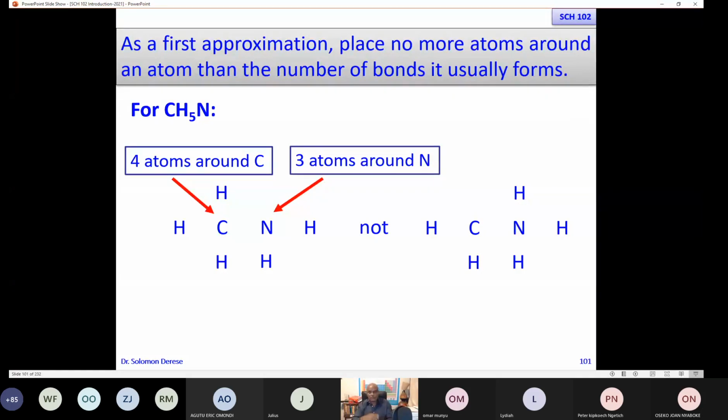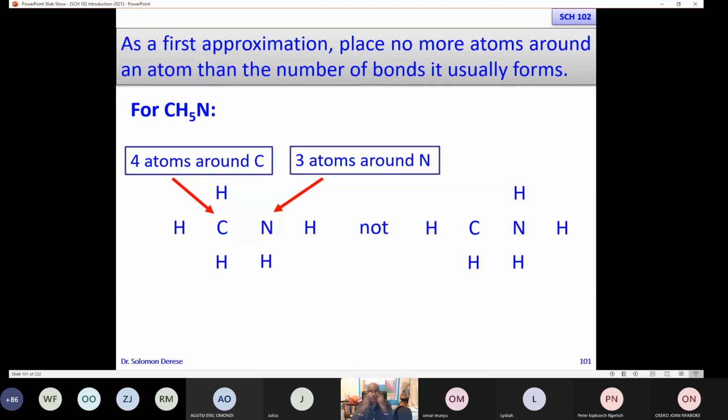If it doesn't work, you change the arrangement until you are satisfied. Okay? So the first rule is about the arrangement of the atoms. You arrange them in the way you think they are bonded together. After you have arranged them, now you have to start forming a bond with them, okay?